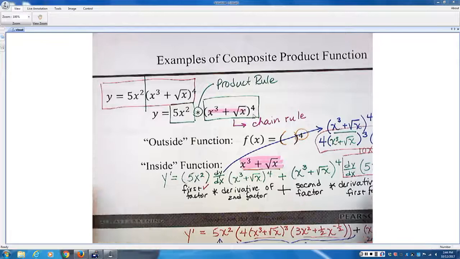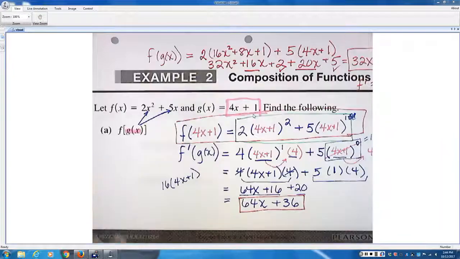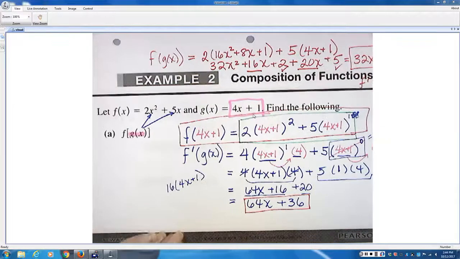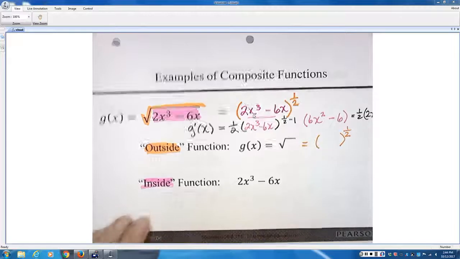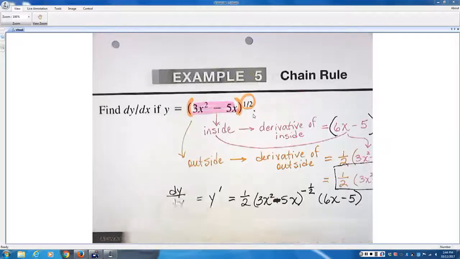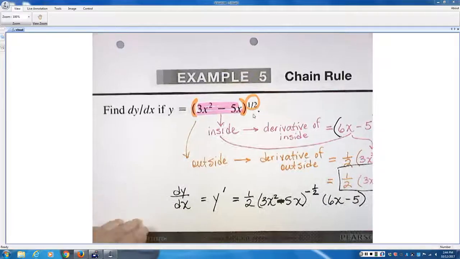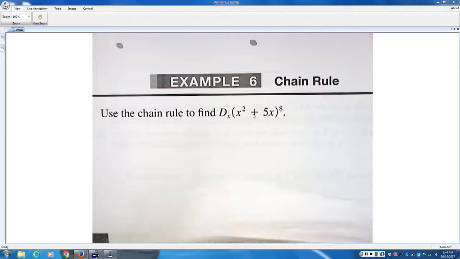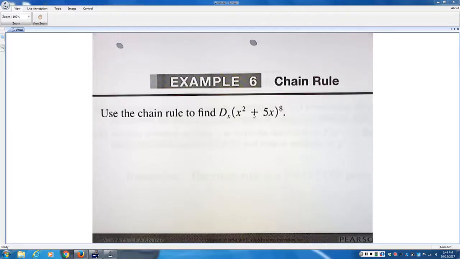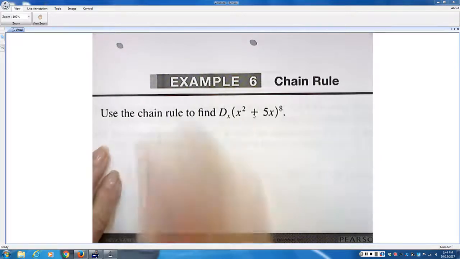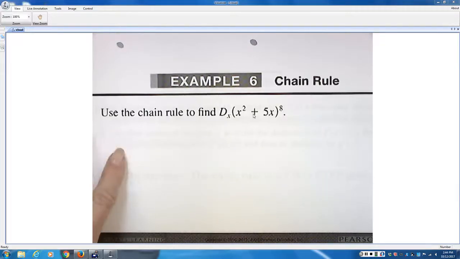Okay? Can we do example 6? Let me find it. Yep, here we go. Here's example 6. Okay. This is how I recommend that you do these.